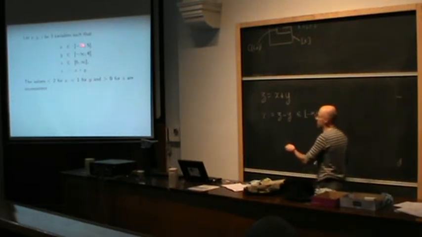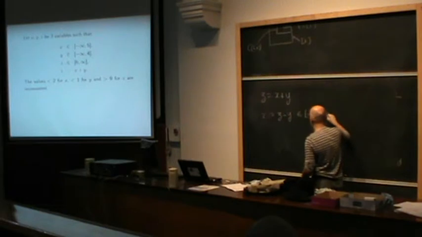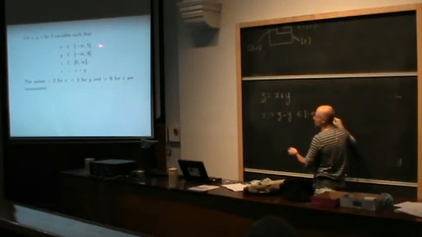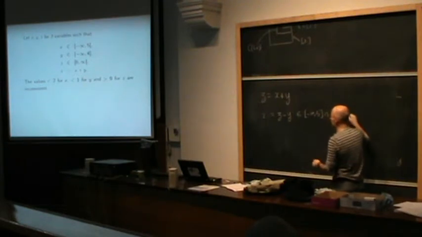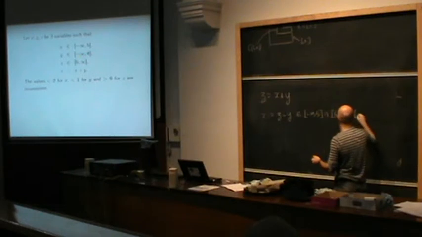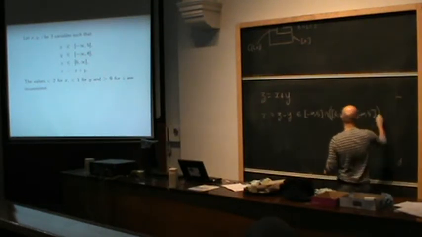Of course, it was written here. But it also belongs to the domain for Z, 6 infinity, minus the domain for Y, minus infinity 4. You understand this?